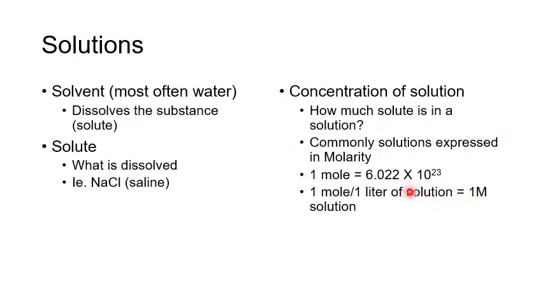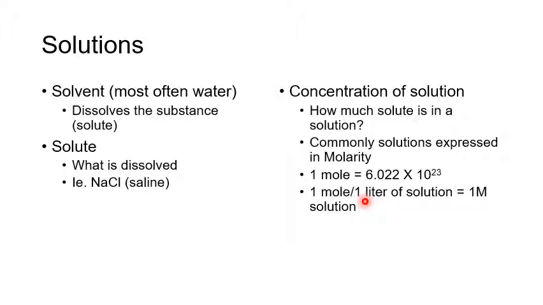Okay, a 1 molar solution would have this amount of atoms or molecules in it. 2 molar would have twice as much. A 3 molar solution would have 3 times as much. Again, you have to keep this at 1 liter.